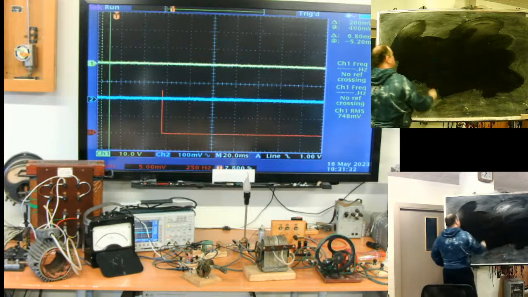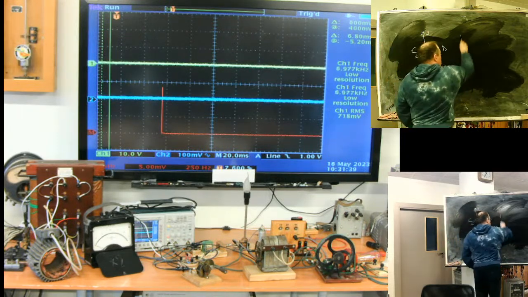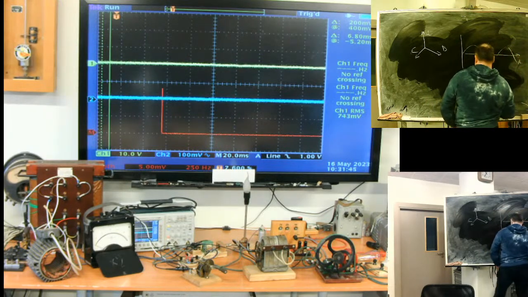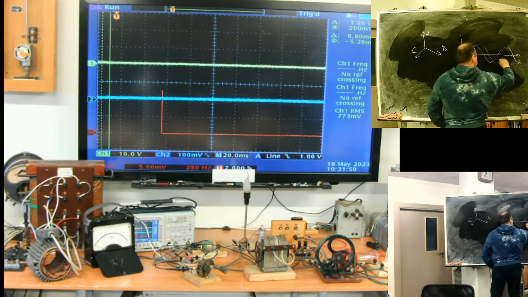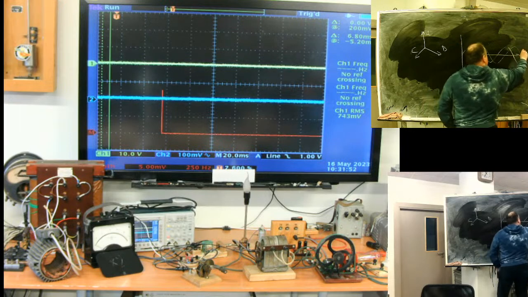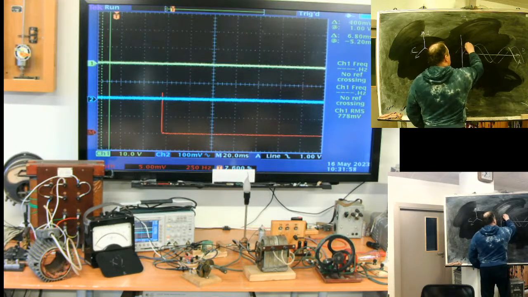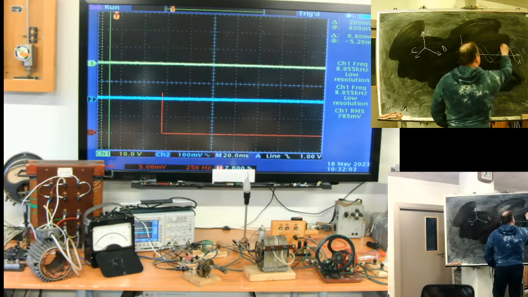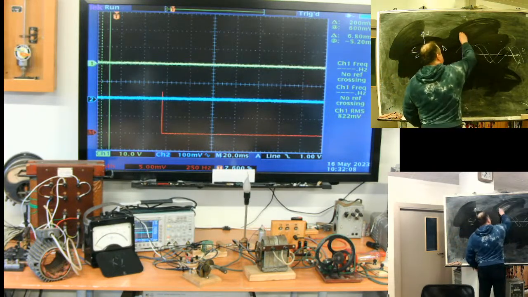You have a polyphase network. It can be drawn schematically as A, B, C. In time, this is the A phase, B, and this is phase C. It's a voltage in time.